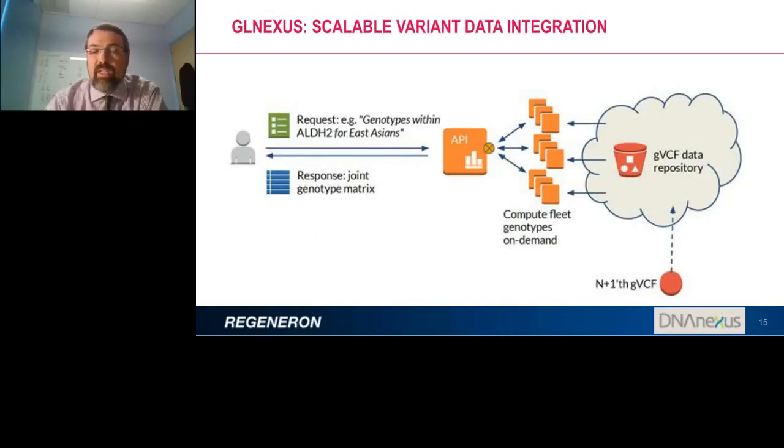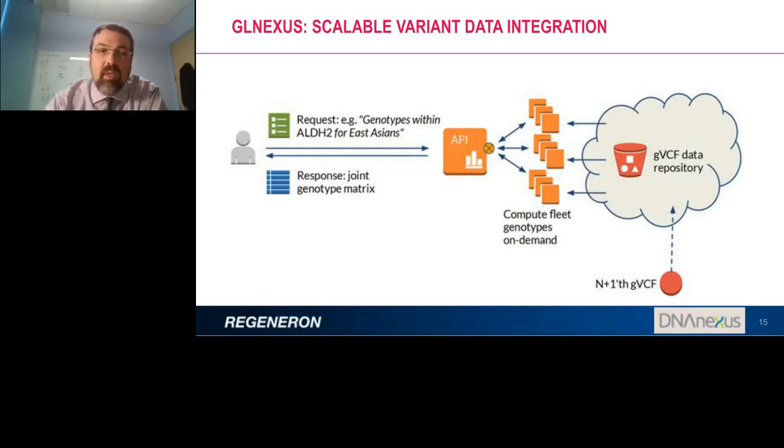So one of the things that we're working on with our collaborators at DNA Nexus is a better framework for doing this that Mike Lynn and his team are working on that they call GL Nexus. And the idea here is to essentially obviate the need for doing this joint genotyping process at punctuation points and having the data be more continuously integrated, and then creating the opportunity to just do requests.